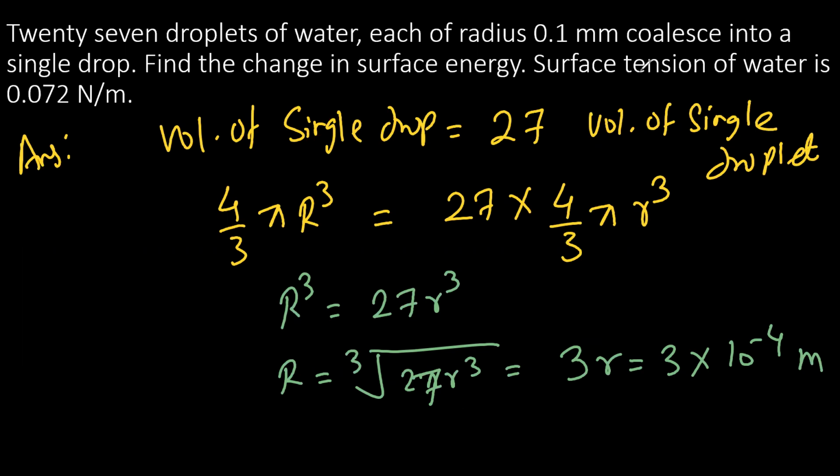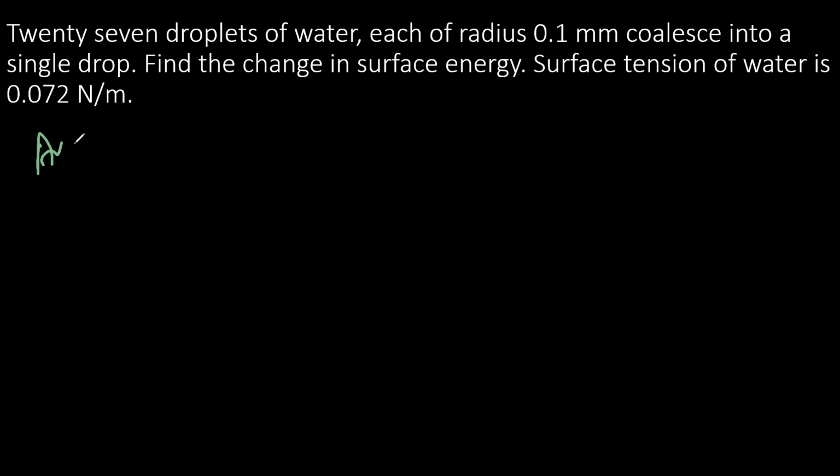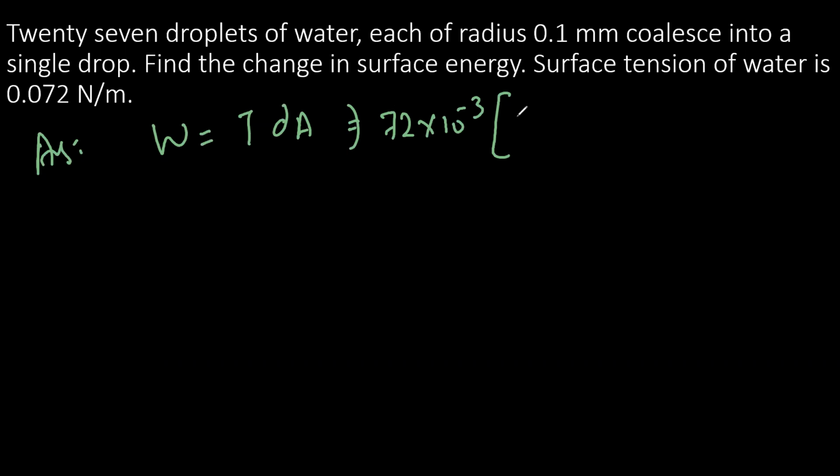We'll go for the final answer. So what we require, work done, T into D. So again we'll subtract the surface area. T is how much? 72 into 10 raised to minus 3. यहाँ पे क्या आएगा? See what is the initial area? So we can say यहाँ पे कहाँ से कहाँ तक जाएगा? 27 to bigger.